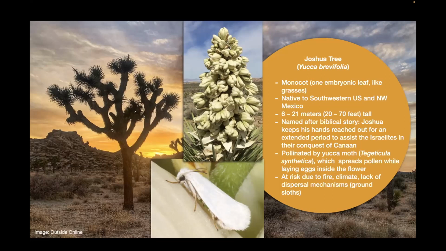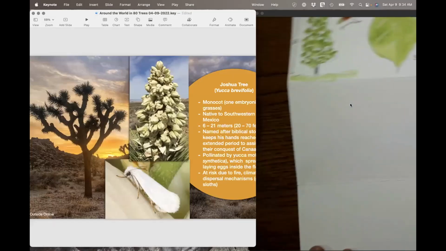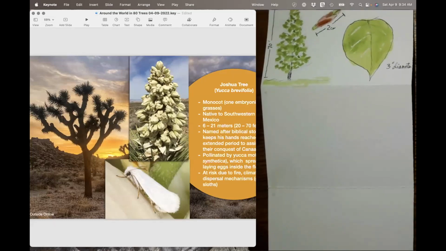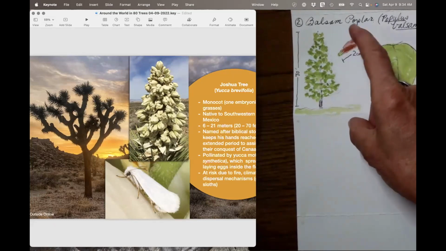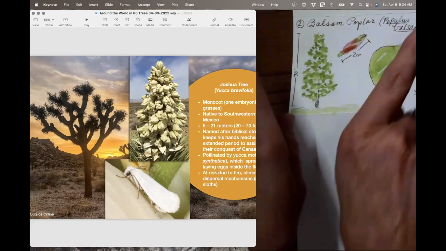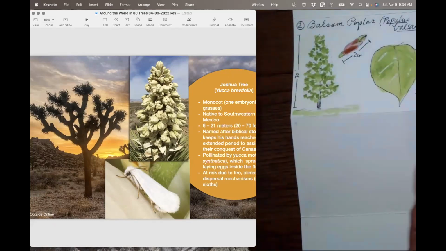Beautiful, beautiful. So I think what I want to do is draw, obviously, my Joshua tree. They're more challenging to draw than you think. The proportions are important. Like my poplar, I probably didn't get enough of the upward pointing branches.